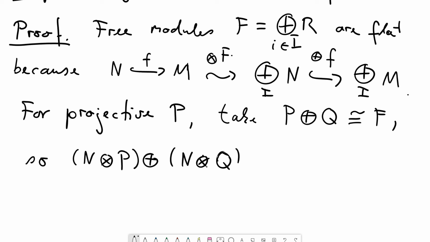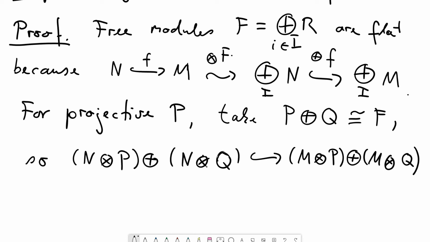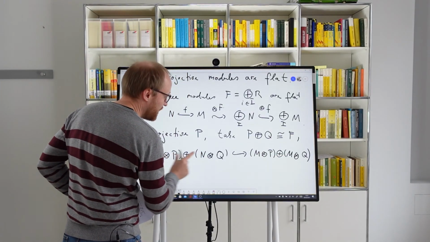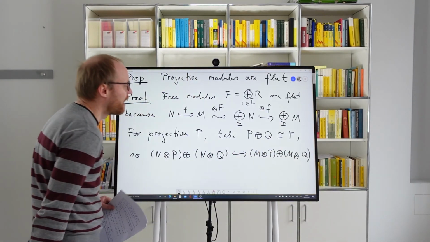It's one of the properties of the tensor product. And this then goes to the same thing on the other side. So M tensor P plus M tensor Q. And such a map here is actually injective if and only if both these components, the maps from here to here and here to here, are injective.